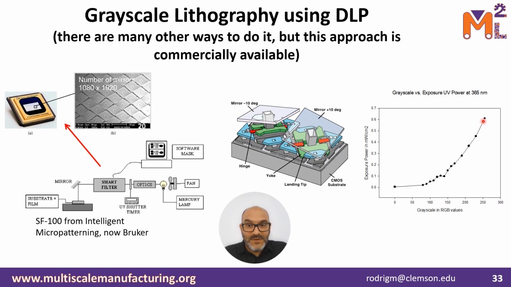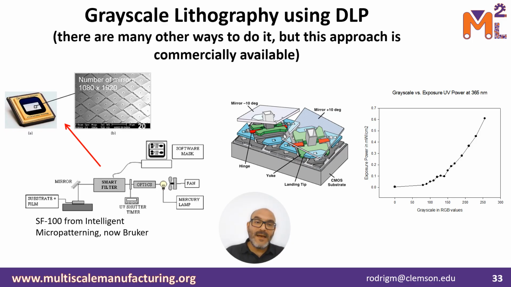While at 255, you have the maximum intensity of the light, and then you can see all these values in between. So by choosing your RGB value in the mask, and this is a software mask, by the way, so you don't need to have those physical masks, it's just a software mask and a light that gets shone onto the photoresist, right?